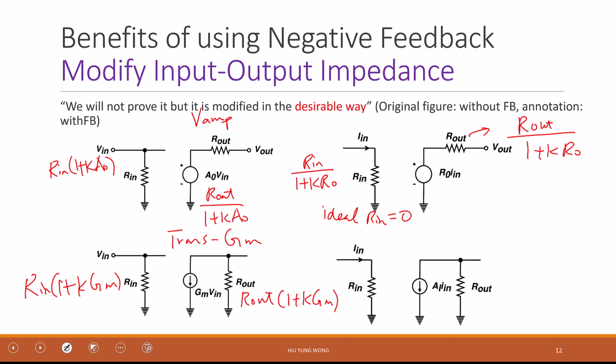This third column. What type of amplifier is this? Current amplifier. So how will it be modified? Because it's sensing the current, so you want to reduce the input impedance for an ideal case. And then how about the output?